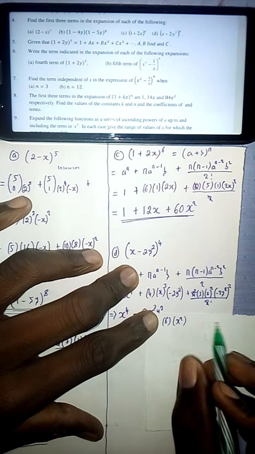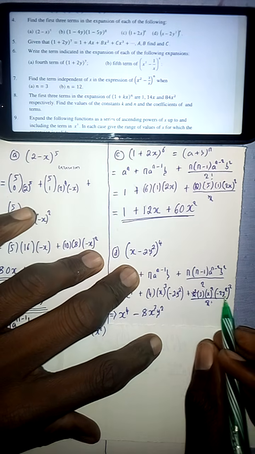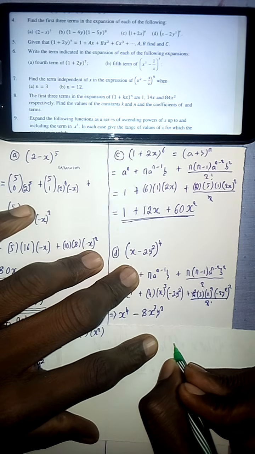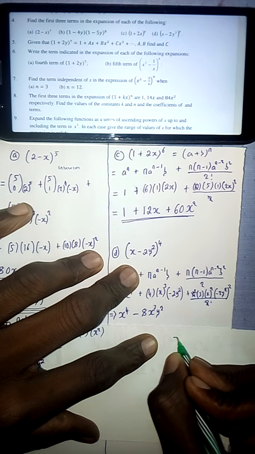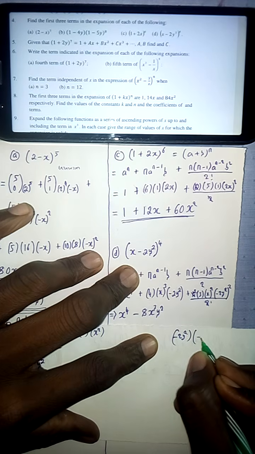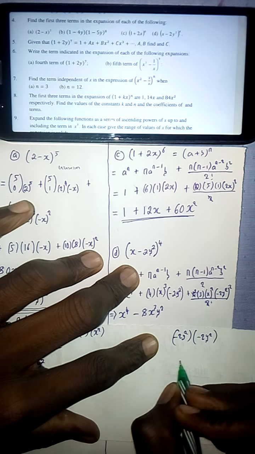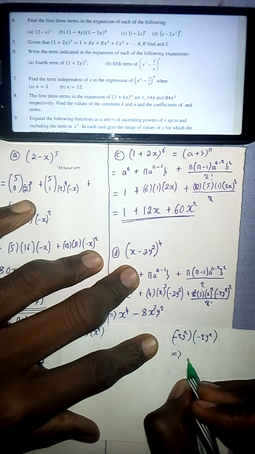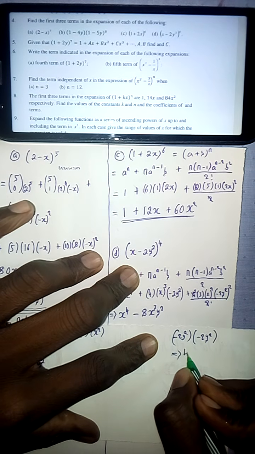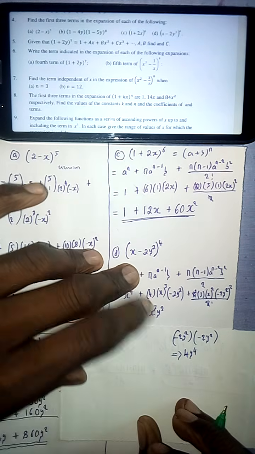What about for this part? You can also write it as negative 2y squared multiplied by negative 2y squared, and multiplying will yield positive 4y to the power 4.